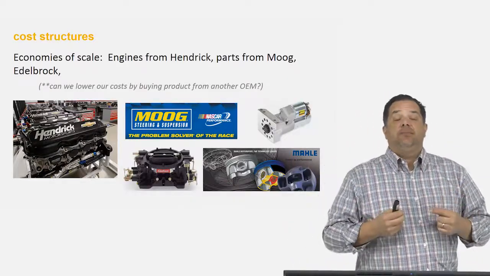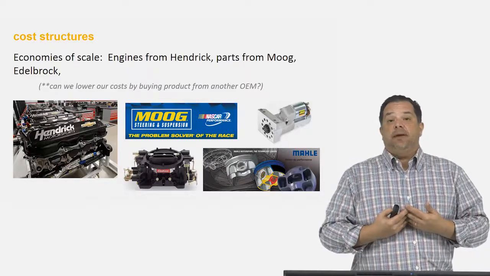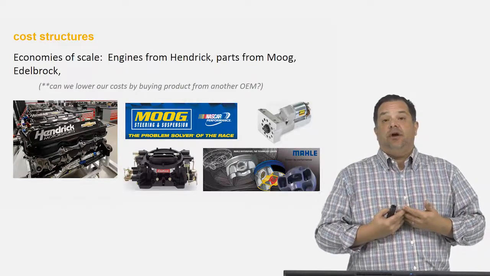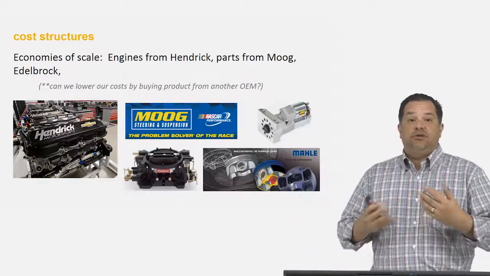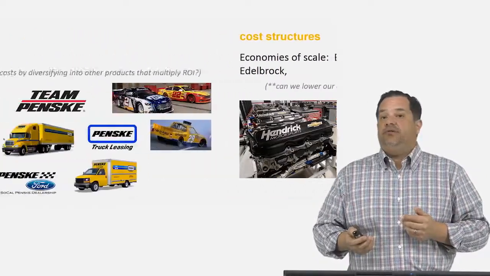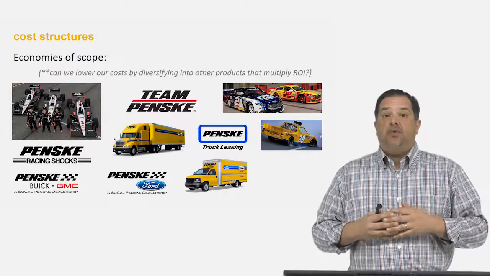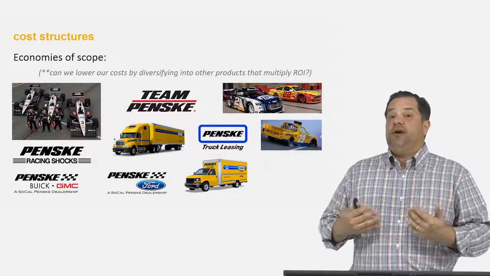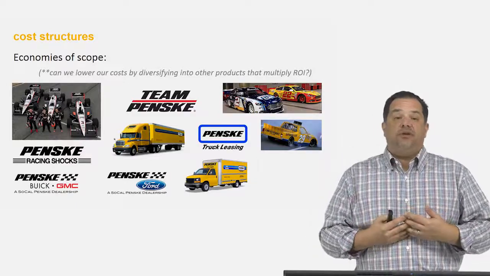Economies of scale talk about how we can lower our costs by buying a product from another original equipment manufacturer. So cost structures include economies of scale and how we can factor that in, part of your fixed costs. Economies of scope, how can we lower our costs by diversifying into other products that multiply our return on investment?